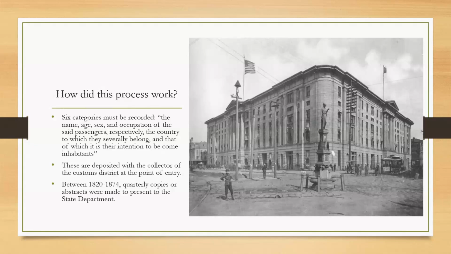So this image you see right here, this is the customs house in New Orleans. This is a relatively recent structure and was finished in about 1903, but it gives an idea of the importance of customs in these various port cities. You know, what are customs?